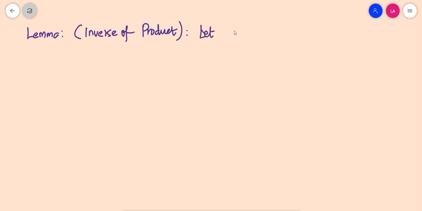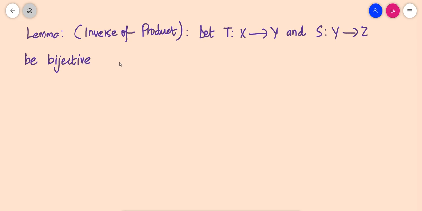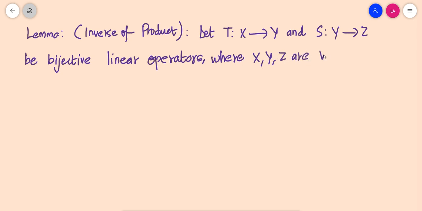Let T from X to Y and S from Y to Z be bijective linear operators, where X, Y, Z are vector spaces.